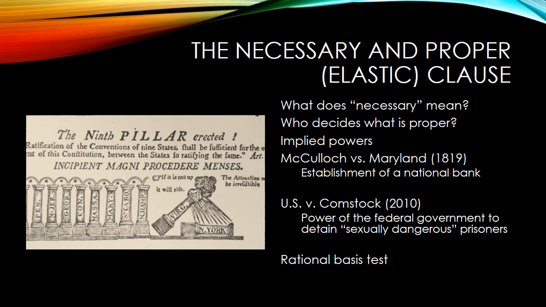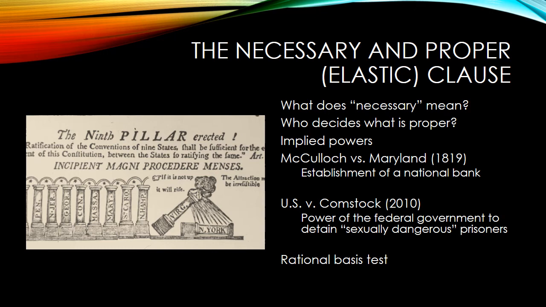Another part of Article 1, which has a lot of leeway built into it, is the Necessary and Proper Clause. The Necessary and Proper Clause grants Congress the right to legislate on all matters that arise from its enumerated responsibilities. Who decides what's necessary and proper?